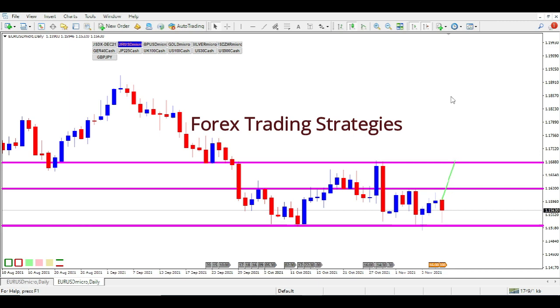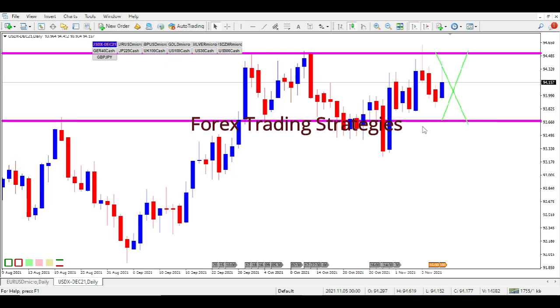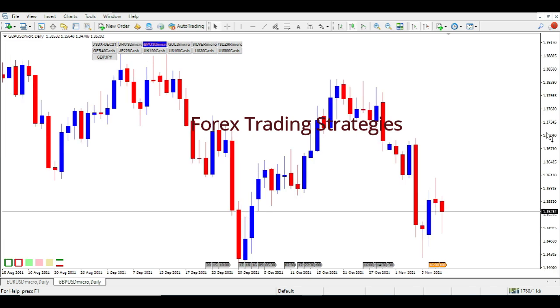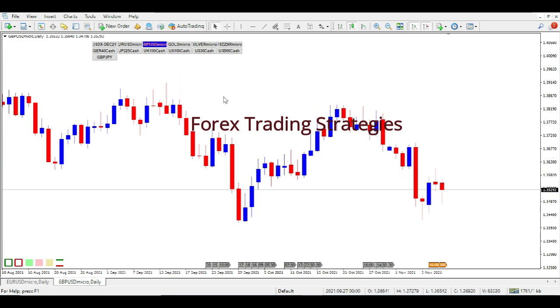But the basic rule with Euro USD is just do the opposite of what the dollar index is doing. And you find that is often true with GBP USD.